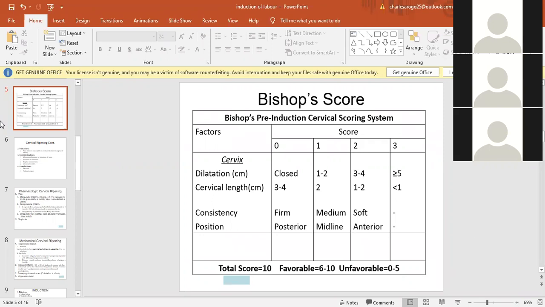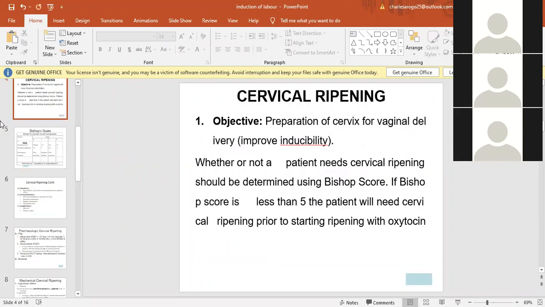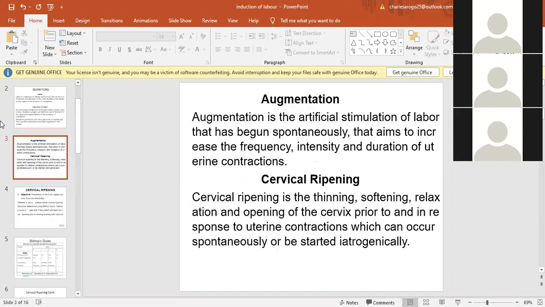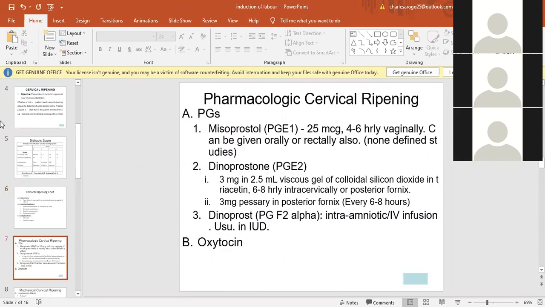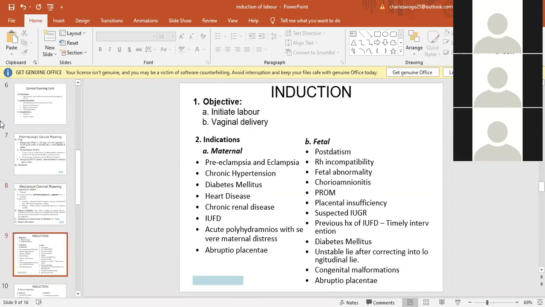And lastly, I want to make a comment on other indications of induction of labor. The indications that were put here were quite correct, but now there are also social indications. The social indications can include somebody who wants to have their pregnancy terminated at term, of course, but because they have other things they want to do.